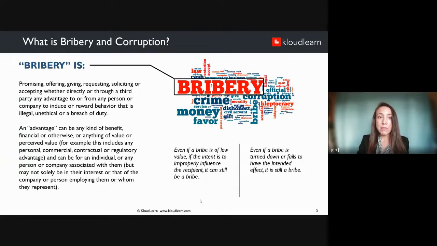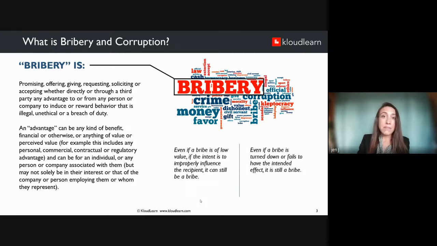Bribery is promising, offering, giving, requesting, soliciting, or accepting, whether directly or through a third party, any advantage to or from any person or company to induce or reward behavior that is illegal, unethical, or a breach of duty. What does advantage mean?